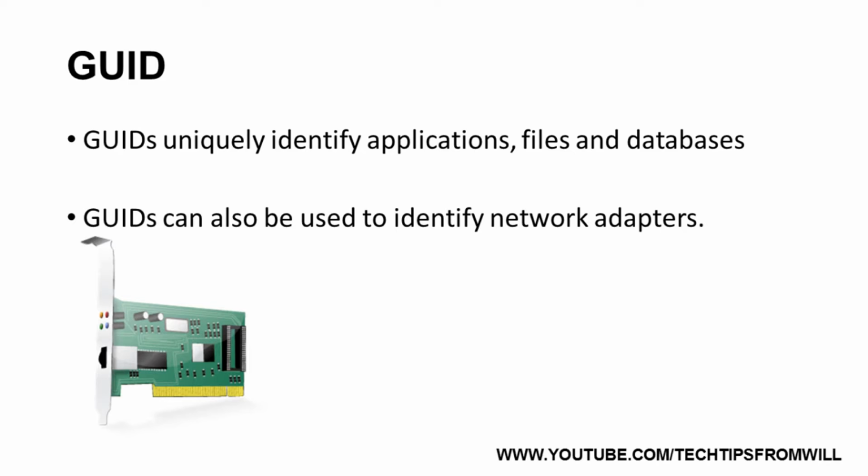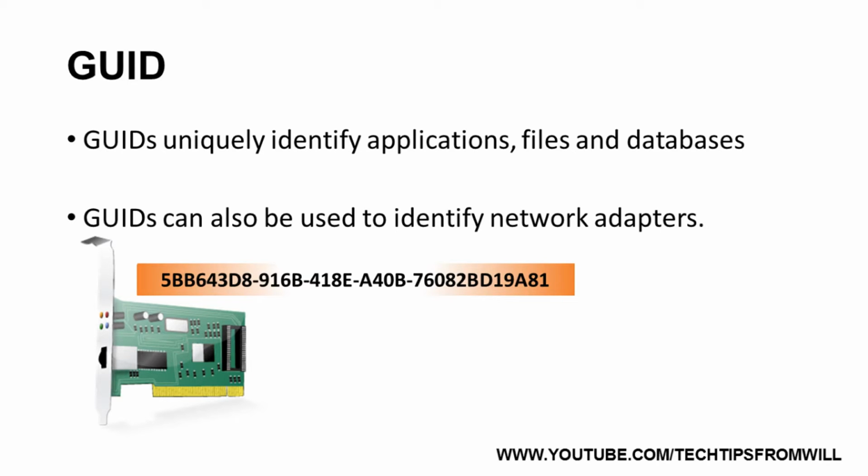Every network adapter manufactured has a unique GUID associated with it. A GUID is usually represented as a 32-digit alphanumeric number, which is divided up into 5 chunks. The first chunk is 8 digits in length. The second, third, and fourth chunks are 4 digits in length, and the fifth chunk is 12 digits in length.